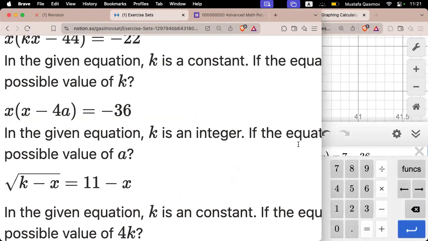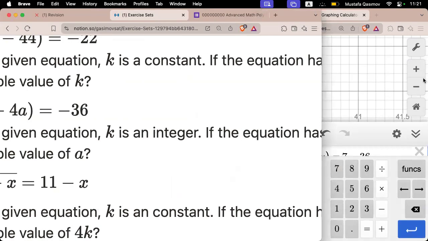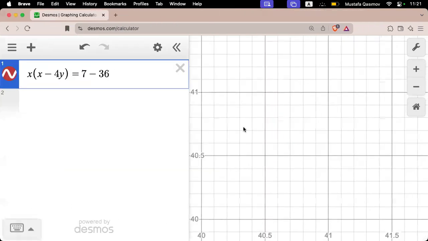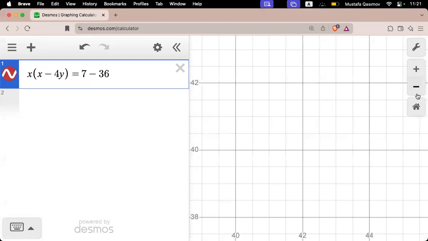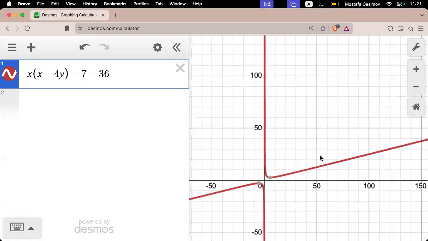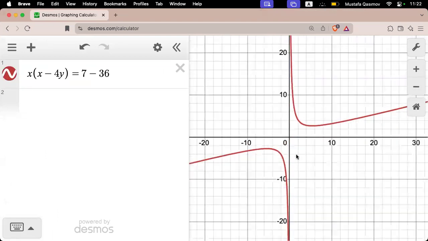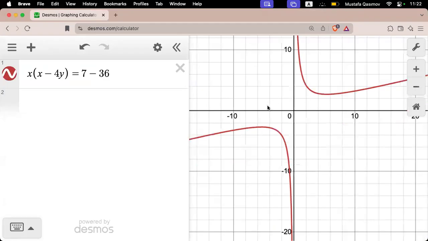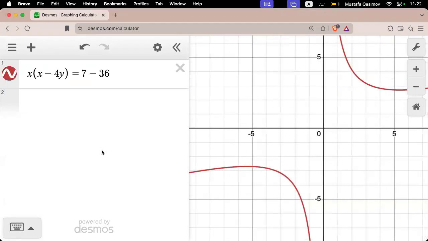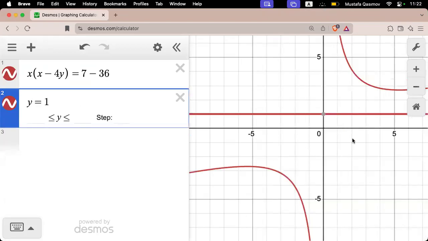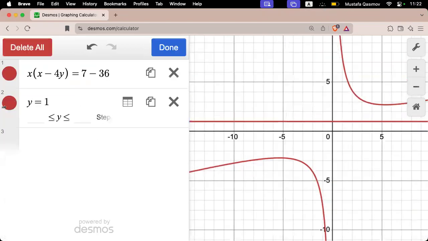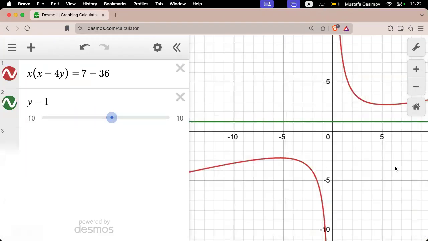If the equation has no real solution, what's the least possible value of a? Okay. Sometimes you can get a different equation like this. No solution is between, yeah, no solution is between here. Because when it is between here, for example 1, you can see that we don't have any intersection point, right?